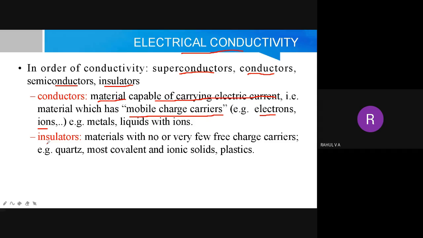And what about an insulator, which does not conduct electricity? It is a material with no or very few free charge carriers. There are no free charge carriers in that particular material, or maybe the amount will be very small. Those come under insulator. So there are quartz, most covalent and ionic solids, then plastics. These all come under insulator.